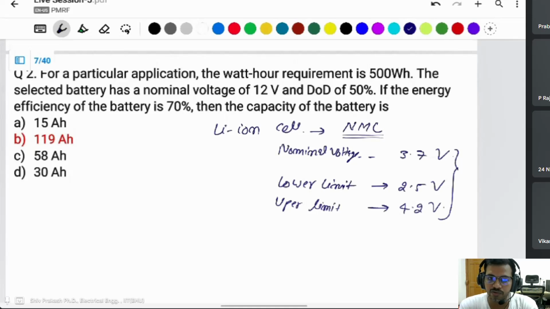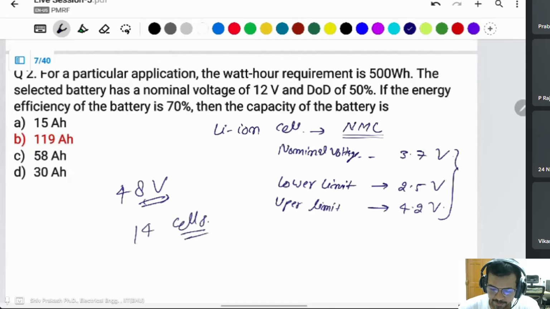This is a dry cell lithium ion cell, with nominal voltage 3.7 volt. If you want to make a 48 volt battery, you should multiply this one; 14 cells are used to make a 48 volt battery. The lower limit is 2.5 volt, upper limit 4.2.